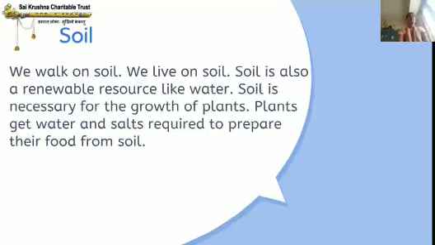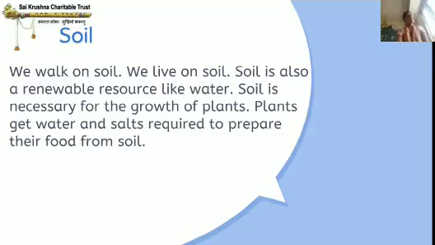Soil is necessary for the growth of plants. So, without soil, can a man live? Highly impossible, because soil is necessary for the growth of plants. Plants get water and salts required to prepare their food from soil. Even plants prepare their own food.